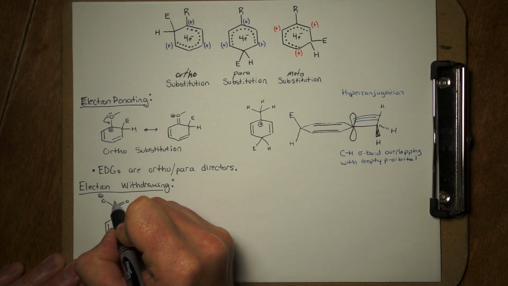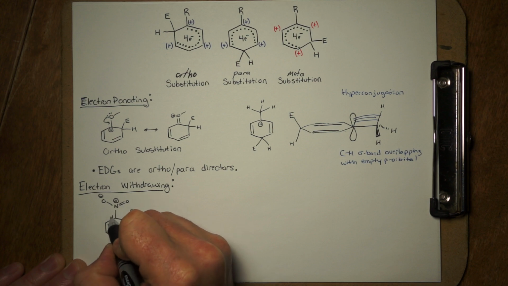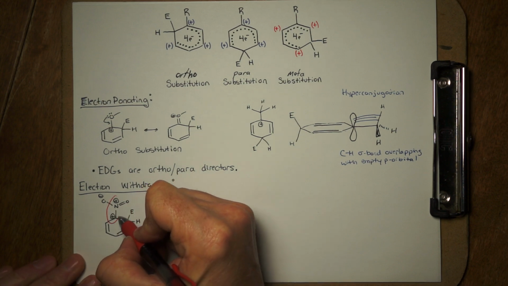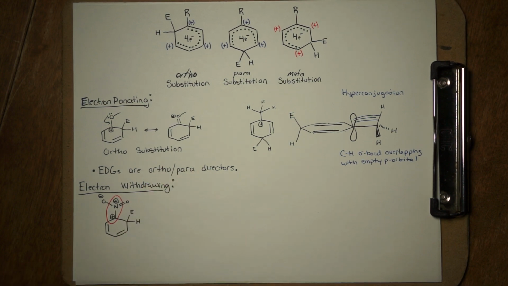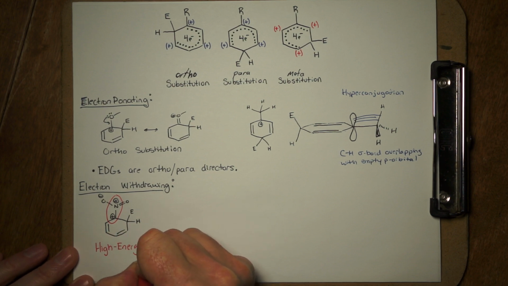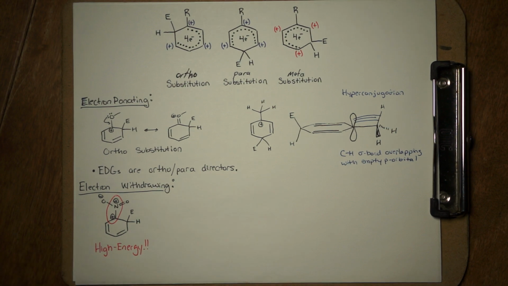Right? And a nitro group is one of the stronger electron withdrawing groups. And hopefully when we draw the structure, you can very easily see why this would be a high energy intermediate, right? And that's because we have two atoms that are bonded to one another and they both have a positive charge. Right? Which is very, very bad.